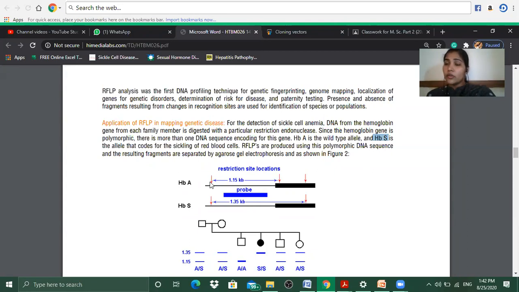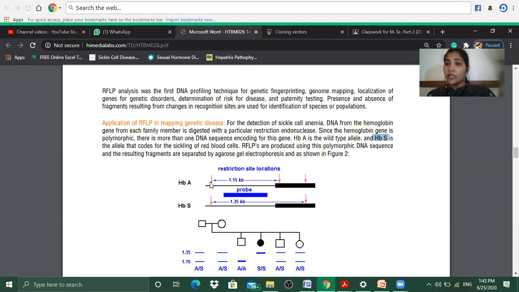Meaning they do not have any traces of sickle cell anemia. So why do you need to do that? Now we know that sickle cell anemia is a genetic disease, right? So if there is a history of sickle cell anemia in somebody's family, and you want to protect the newborn, and want to know whether the newborn is going to have sickle cell anemia or not, you would want to do the genetic mapping beforehand, right?